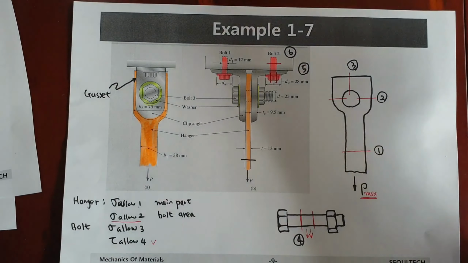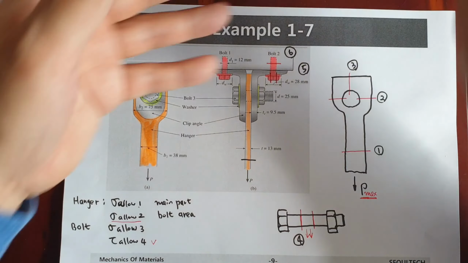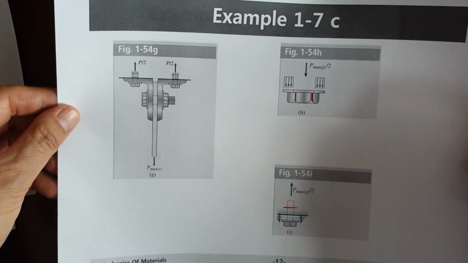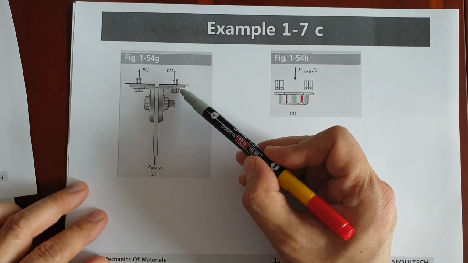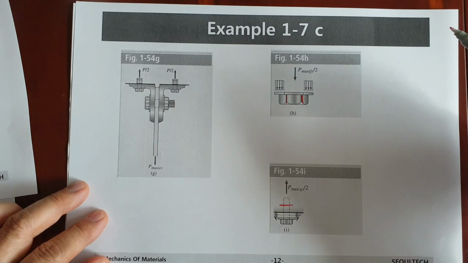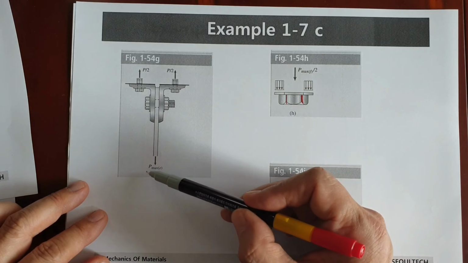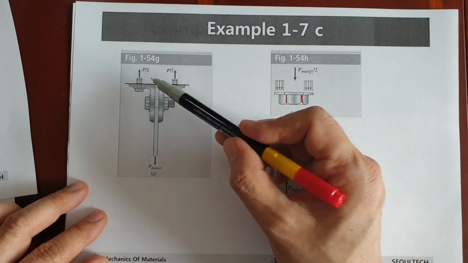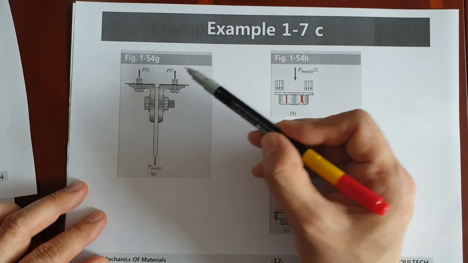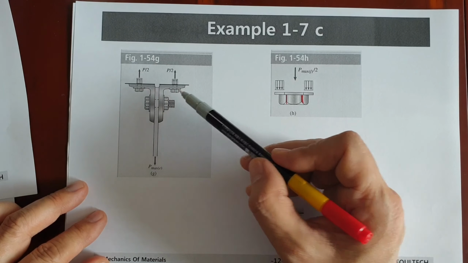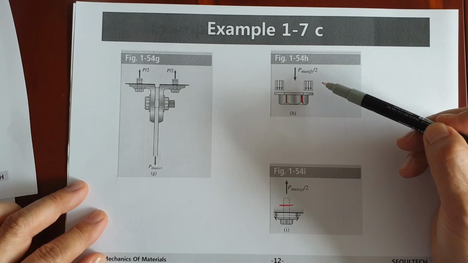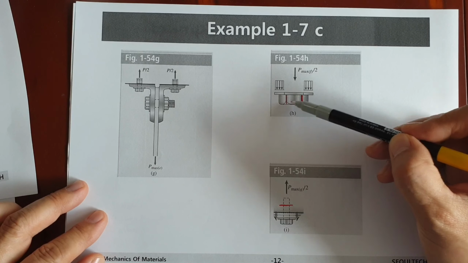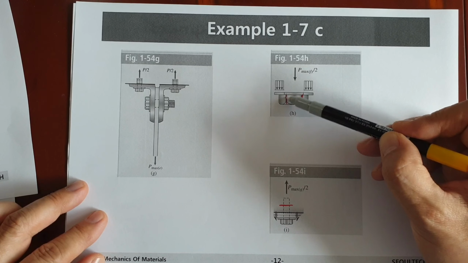Okay, next, when you consider the bolts on the top, bolt 1, 2, external force is located like this, then half of it acts on each bolt. Then we have this kind of consideration, and some consideration between this surface.